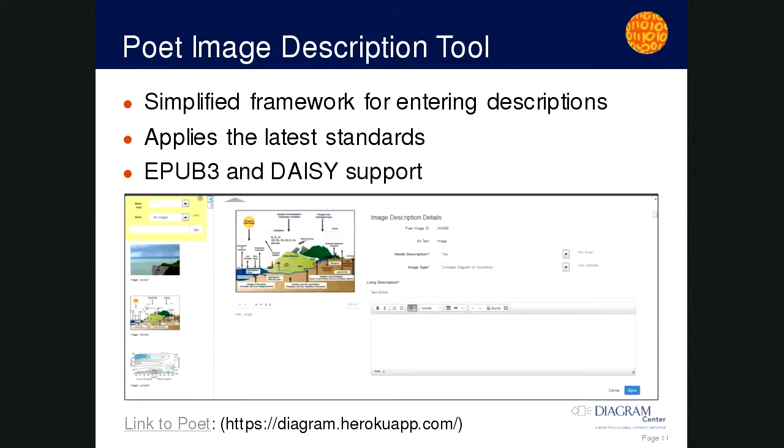So on screen right now is a screenshot of Poet where basically a book is uploaded into Poet, and this is a web-based tool for EPUB 3 and DAISY files.